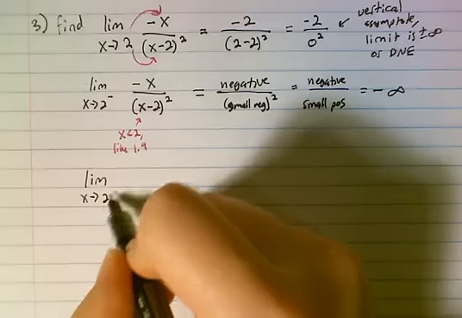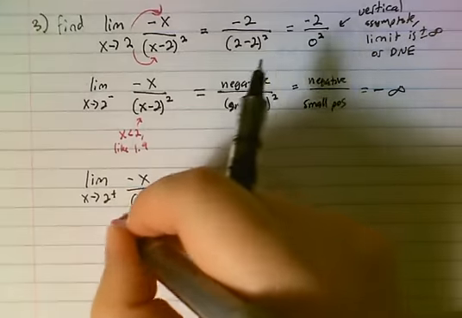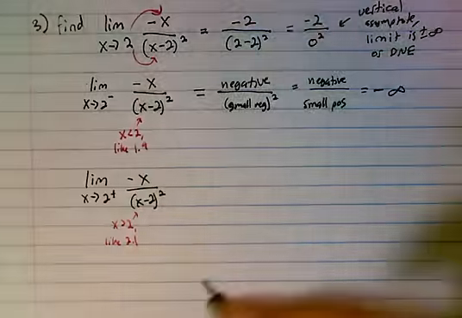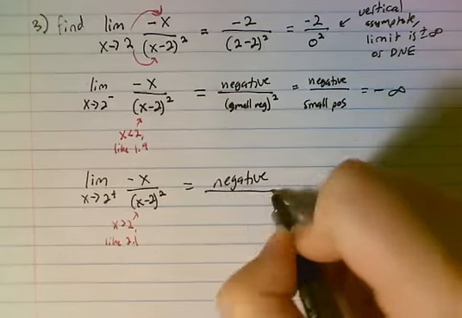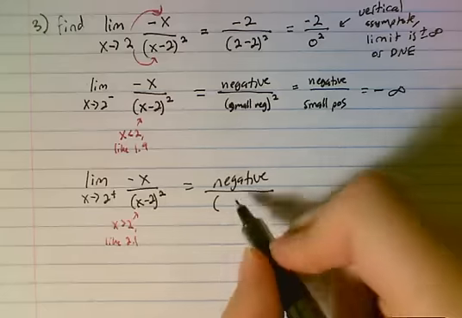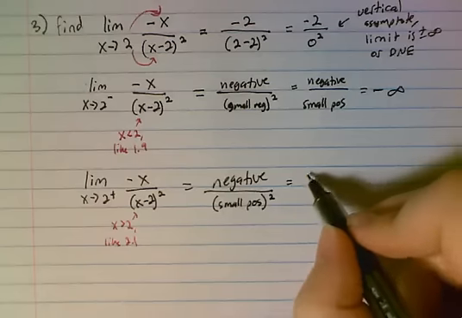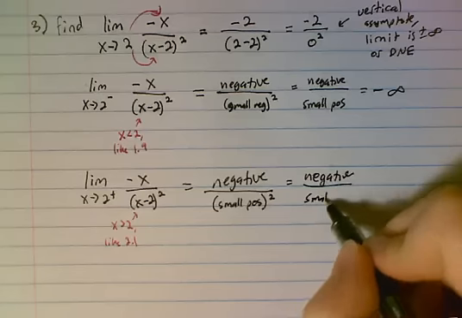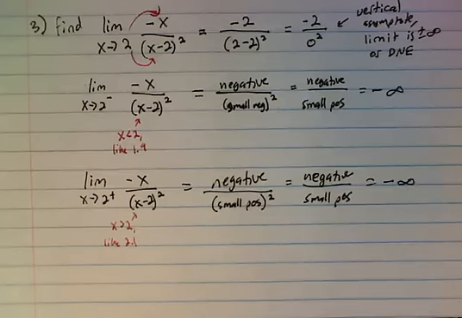Let's look at the same thing from the right so we can find the overall limit. We're coming from the right, so that means x is slightly more than 2, like let's say 2.1. So negative 2.1 would still be negative. And 2.1 minus 2 would be a small positive, but it's squared, so it's still a small positive. So exactly the same as it was up here. Negative divided by a positive is negative.